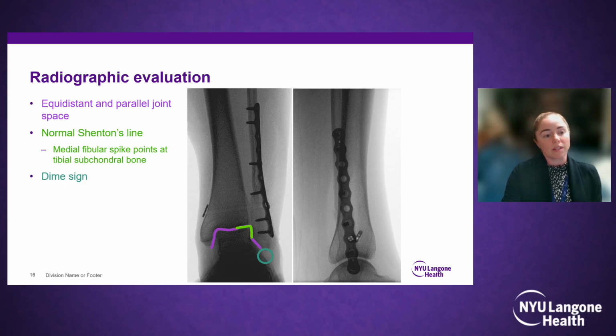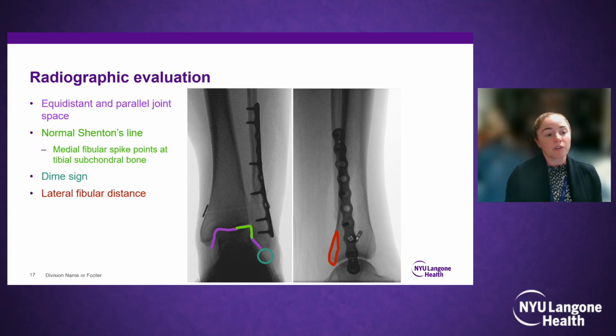Kind of going along with this and assessing your fibular length, you want to look at the Dime sign. So the Dime sign is the distal tip of the fibula, along with the lateral process of the talus. And you want those two things to fall into a dime-sized circle that's drawn around that area. If your fibula is too short, you'll have a broken Dime sign, so you won't be able to reconstitute that circle.